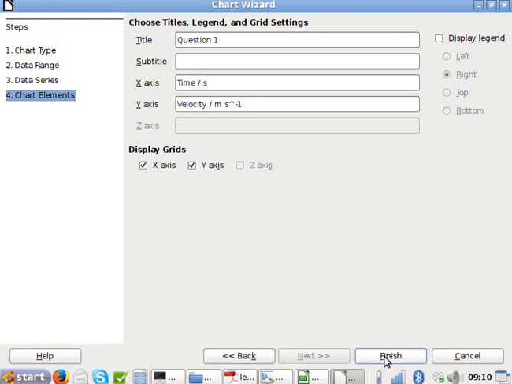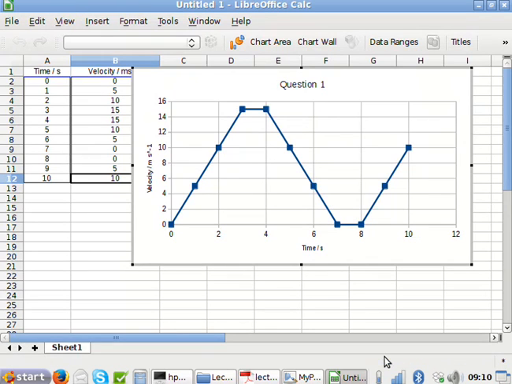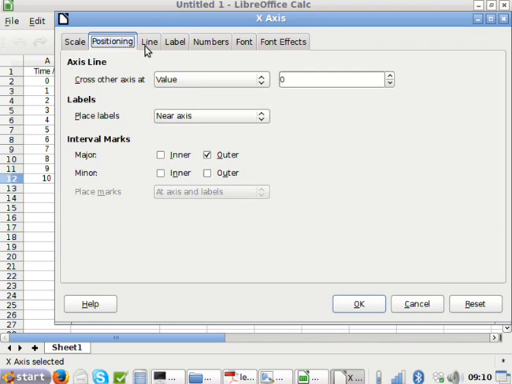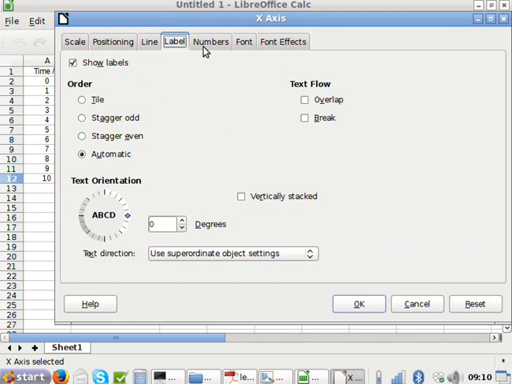Title, this is question 1. Time in seconds. Velocity in meters per second. Ah, beautiful. That is a beautiful graph.